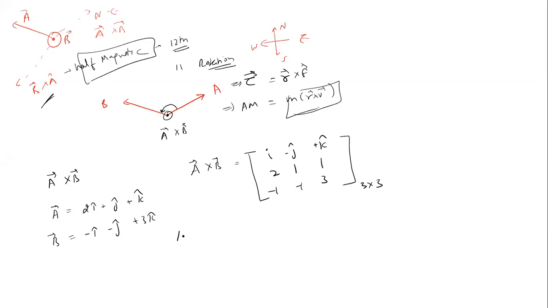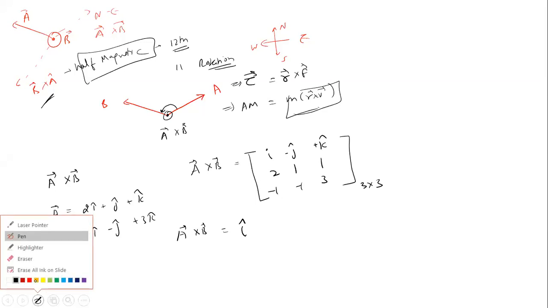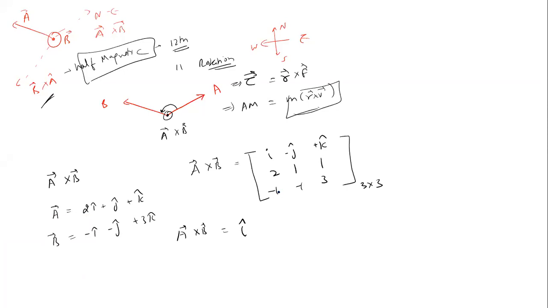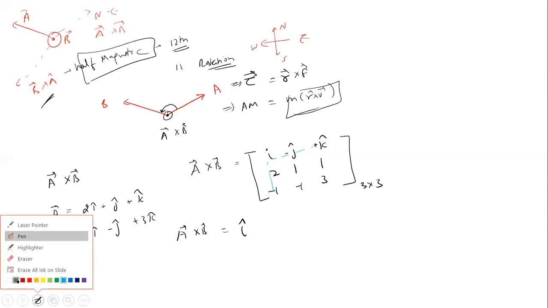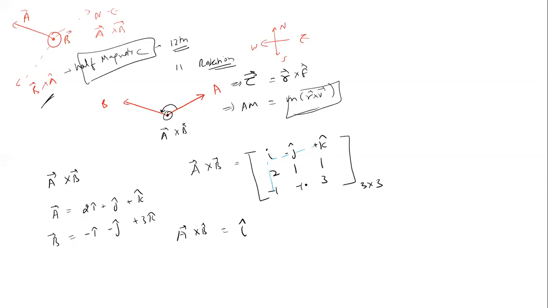Now A cross B will be equal to, first, you have to take the I vector. When you are taking this I, you have to neglect the row and column of I. So what is remaining here? The remaining numbers are 1, 1, minus 3, 3.